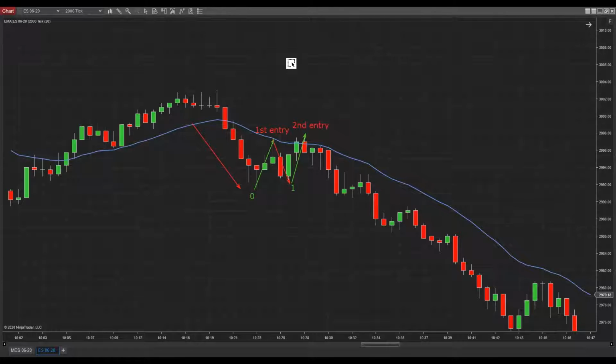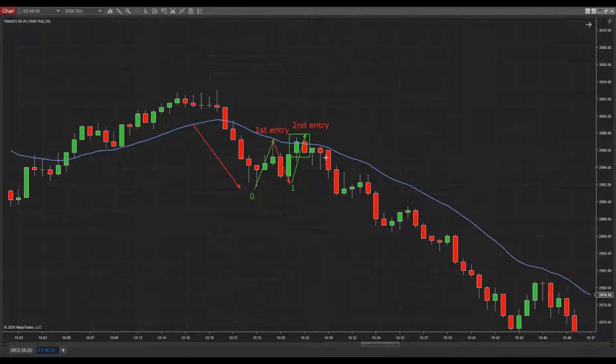The second entry, once the trend has reversed or a down leg has been created after the second pullback. See here, we also see that we are in a critical spot with the 20 EMA, where the trigger will happen under the 20 EMA. This is a critical technical spot. So this is a good two-legged pullback.